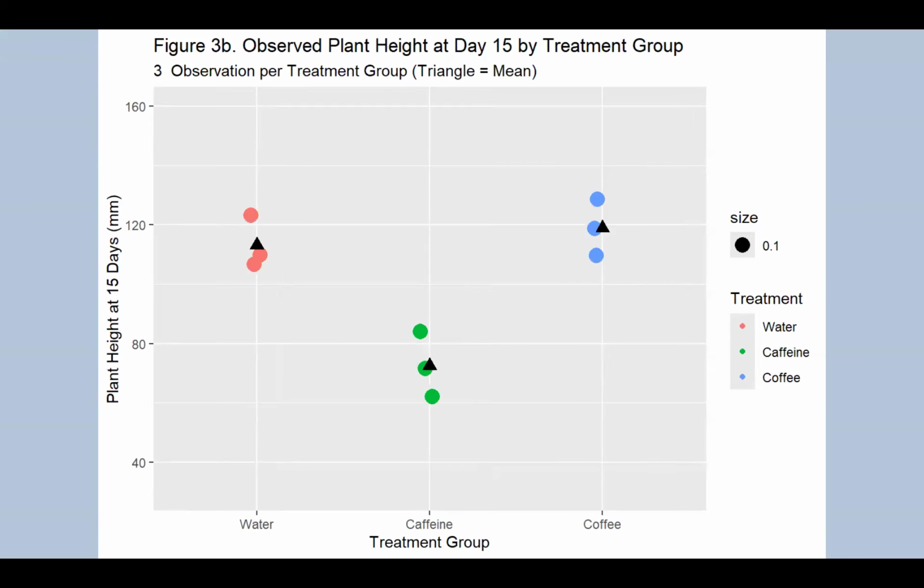Ah, this is what's happening. The observation that I added is in the middle. So I'm artificially reducing the spread. The spread stays the same, but with n equal 3, now the variance appears to be smaller.